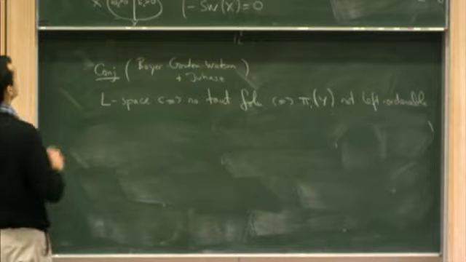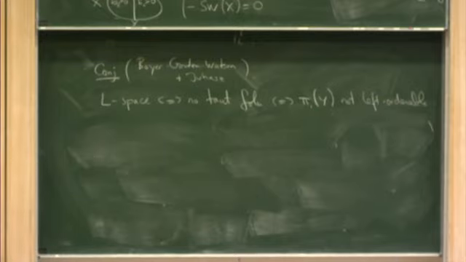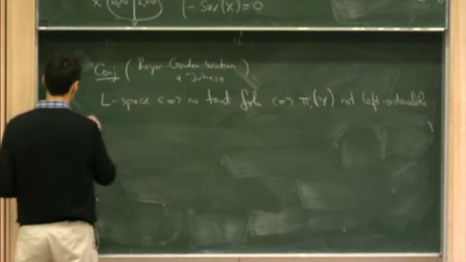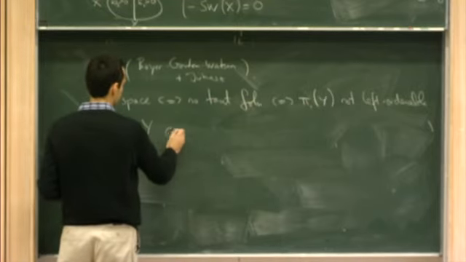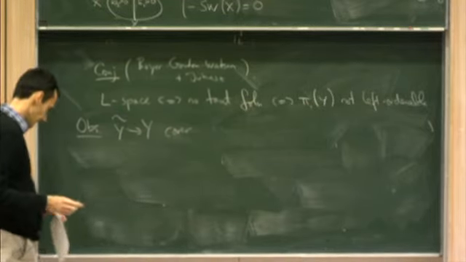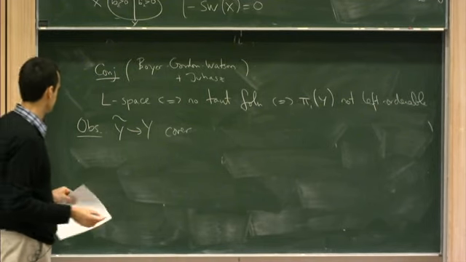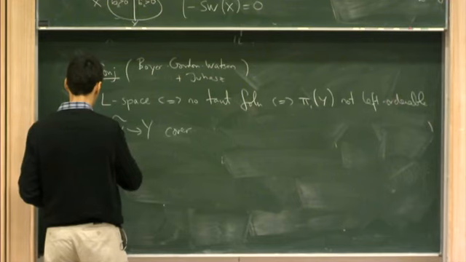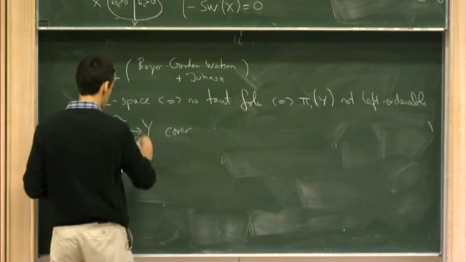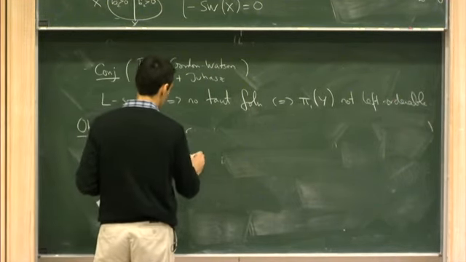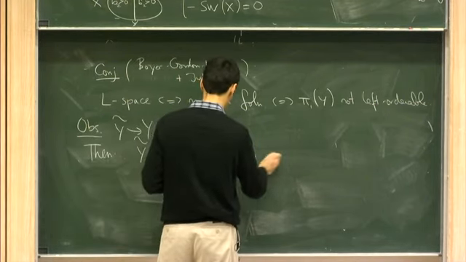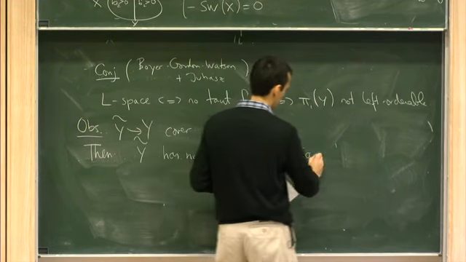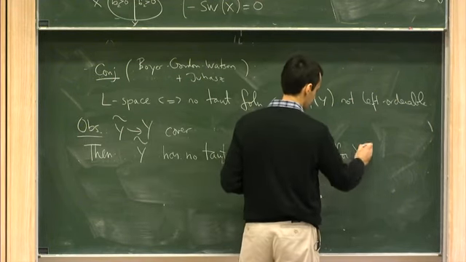So anyway, let's go back to covers. I'm interested in what the relation of all these is to covers. So notice that, first of all, if Y tilde over Y is a cover, there are some easy observations. If Y tilde has no taut foliation, then the same is true for Y, for the base.